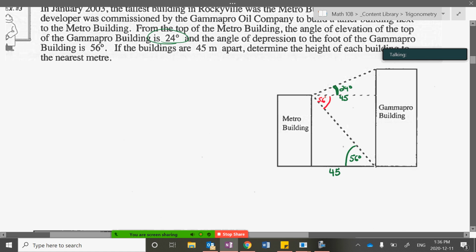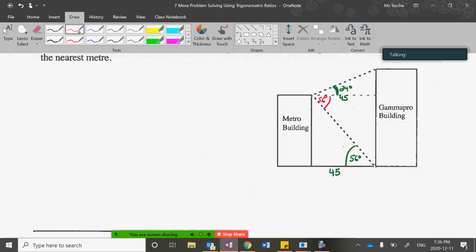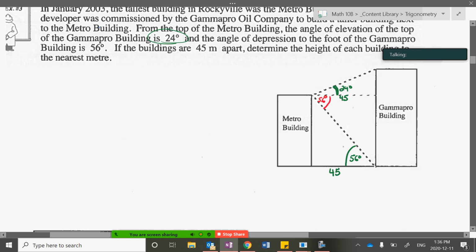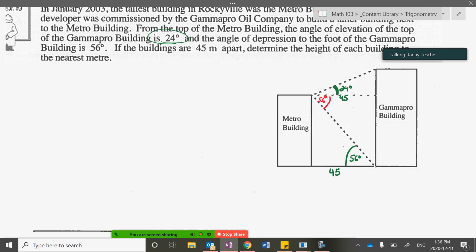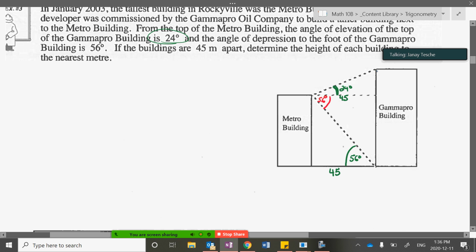So it's like that's the bonus information that was sneakily shared with us. At the end of the day in this question, they want us solving for the heights of both buildings. So if we solve for this distance here and this distance here, we're going to get the two, because y is going to be the height of our Metro building as well.